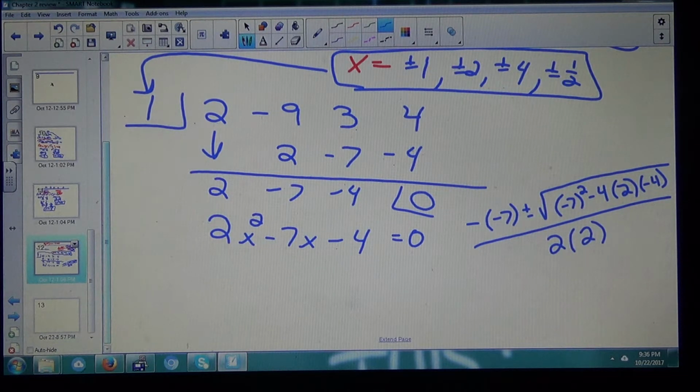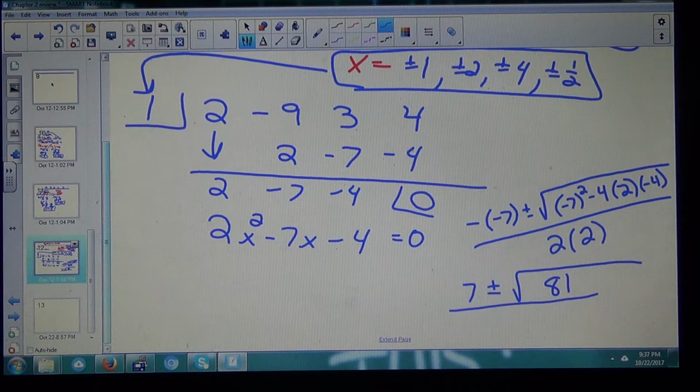Now, when I simplify this, again, the negative 7 turns into 7, plus or minus. I don't do anything with the square root, but I do plug in the rest. So I'd go parenthesis negative 7 parenthesis squared minus 4 parenthesis 2, close it off, and then another parenthesis negative 4, close that off. Ooh, nice, this did factor.